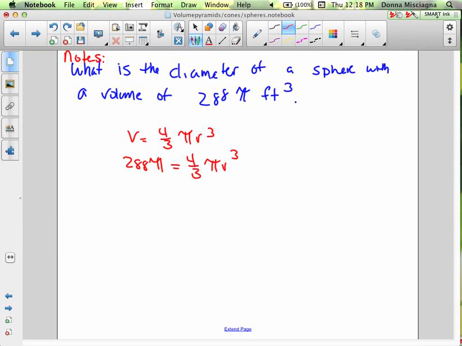That works. All right, so we'll divide both sides by pi. Then we have 288 equals 4/3 r cubed. What would be our next step? Anyone at yellow? All right, so dividing by 4/3 is the same as what, class?